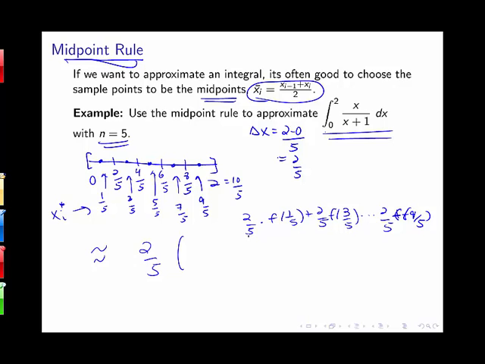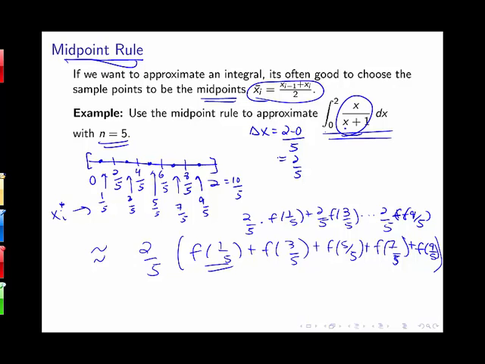Okay, but since I'm multiplying the same width each time, I could pull that out in front, so I'd have 2/5 times f of 1/5 plus f of 3/5, f of 5/5, f of 7/5, plus f of 9/5.